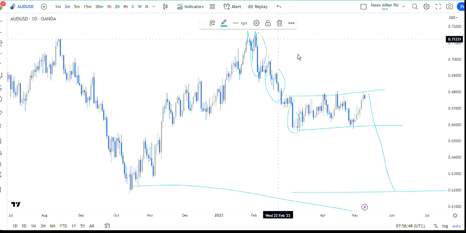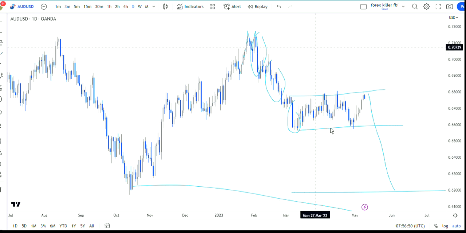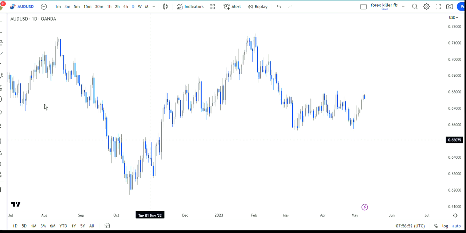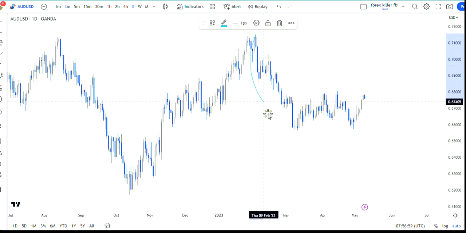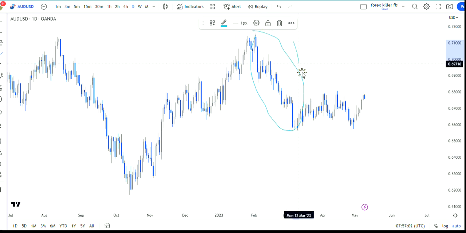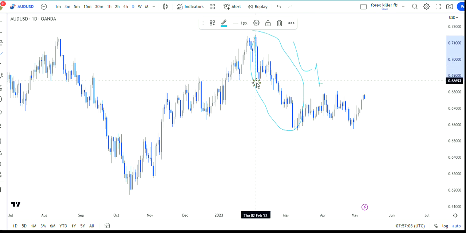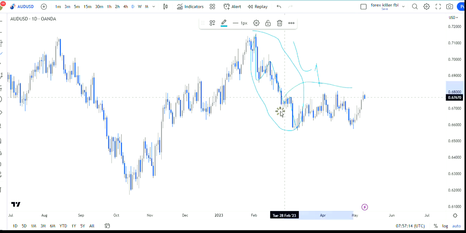Let me teach you something here. All right. If you get me on the previous, we said this will be level 1. Inside level 1 we have impulse, correction, impulse, correction, impulse. All right, this is level 1, and this is the correction after level 1.